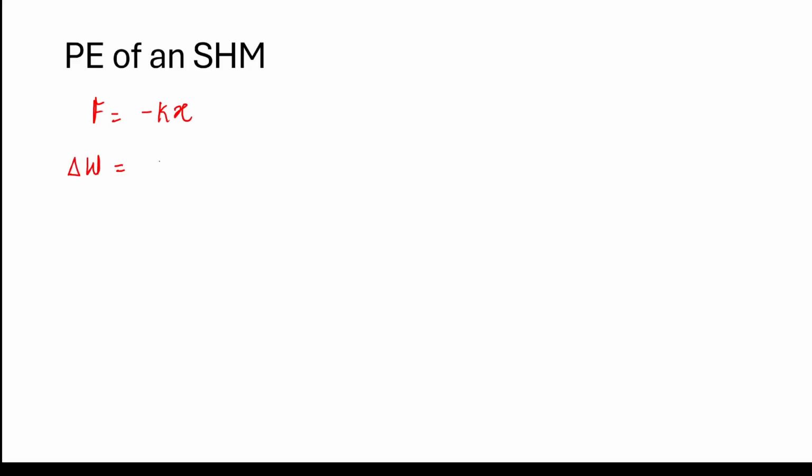I'm just writing this as this, and then once you do some area or integration, this is what we get. So the potential energy would then be half kx squared.